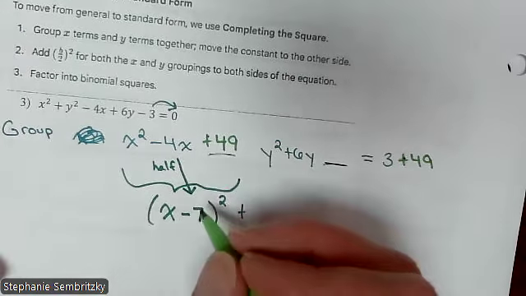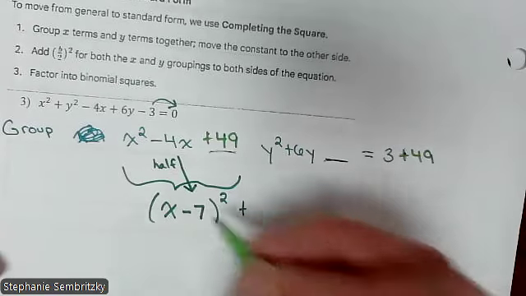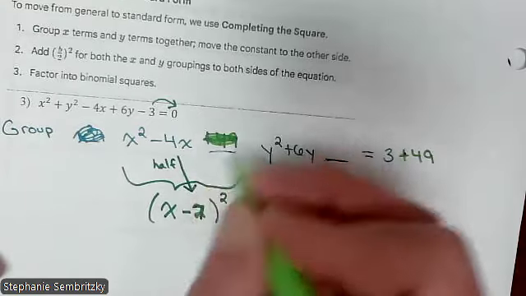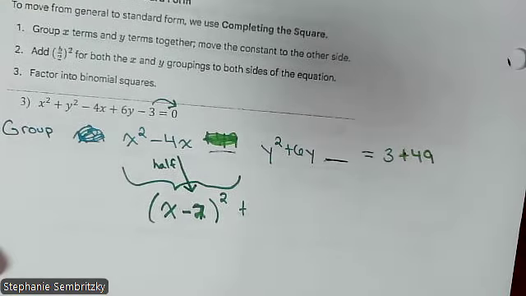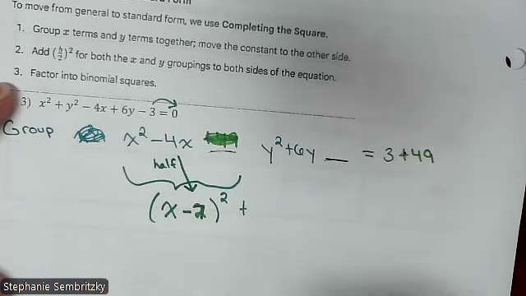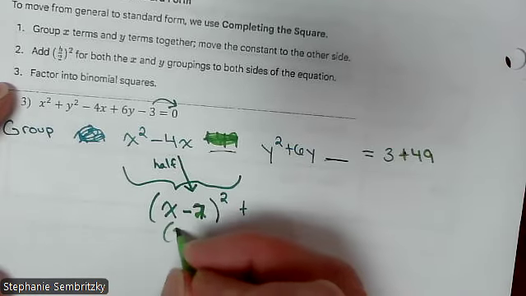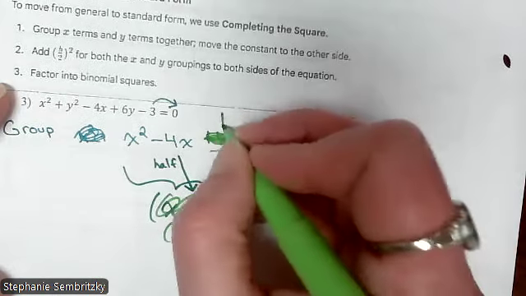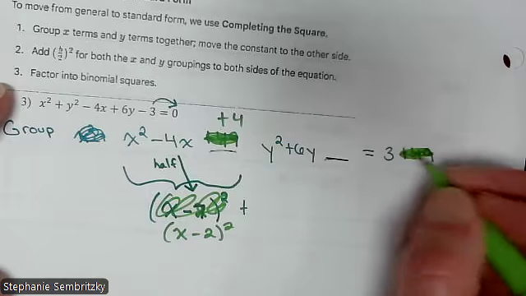Why did I say 49? Why did I say 7? Wow, I'm tired. That should have been a 2, half of 4. I was looking at that example we had here, 14 and 7. That should be x minus 2 squared, which would make that a plus 4. I knew something didn't look right.